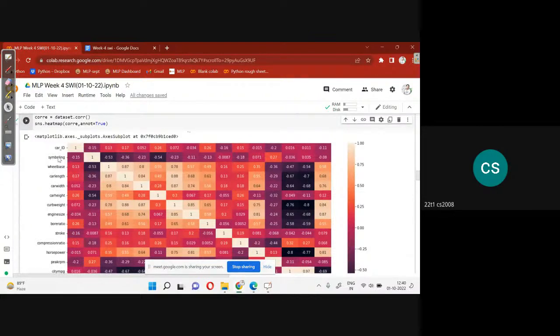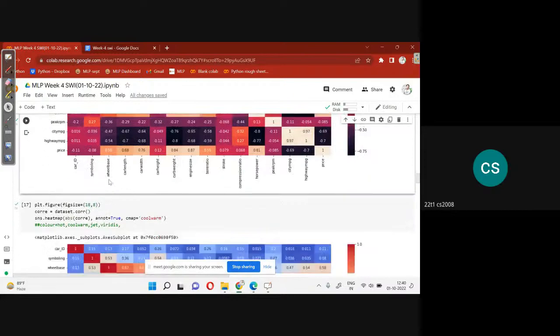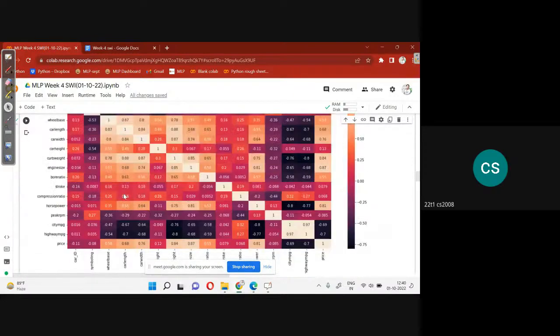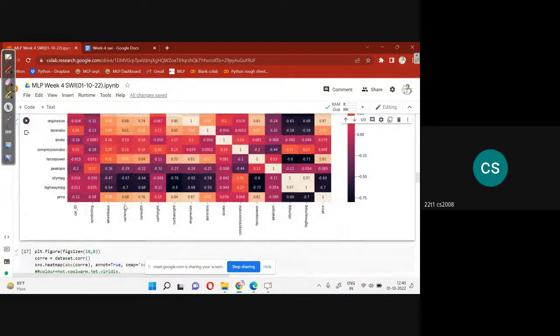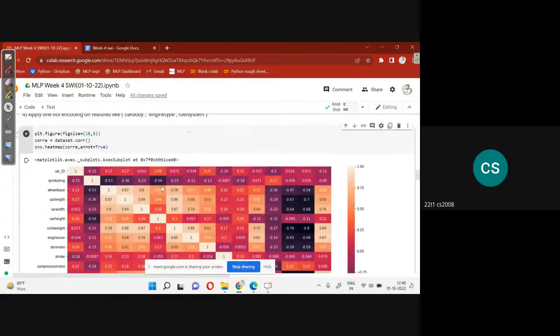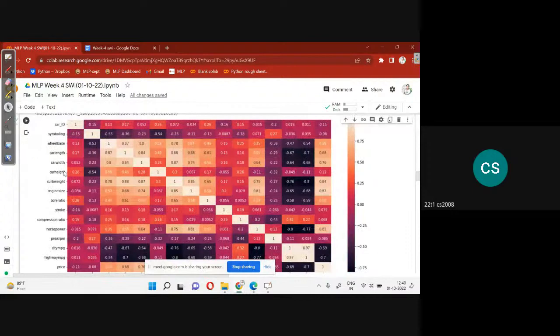In simple words, if car length increases, the symboling will decrease, and if symboling decreases, we know that the car is moving towards the safer side. So that's why I made that comment. And yeah, we can see any other values.